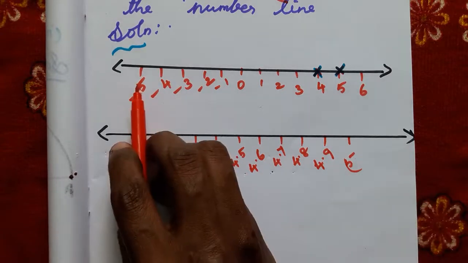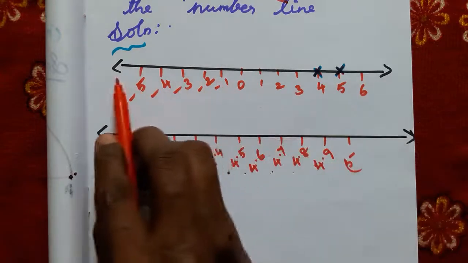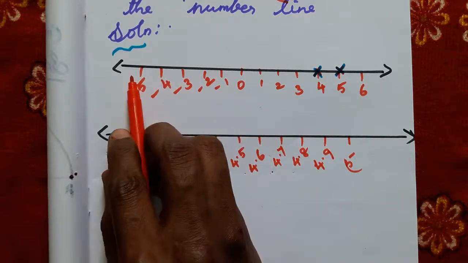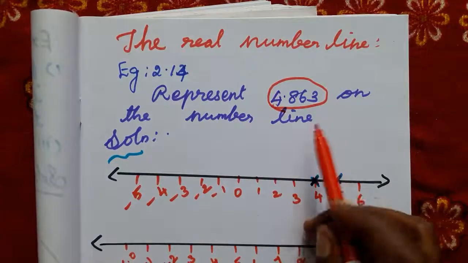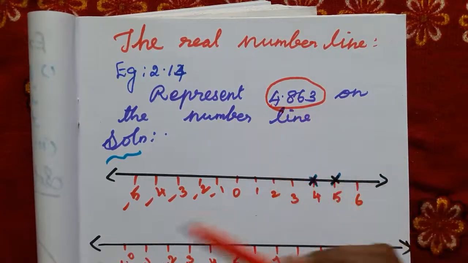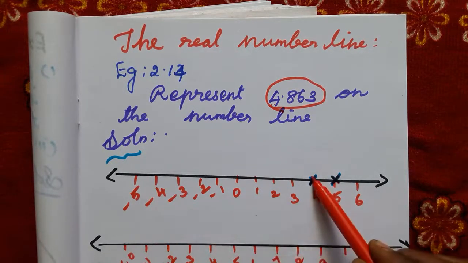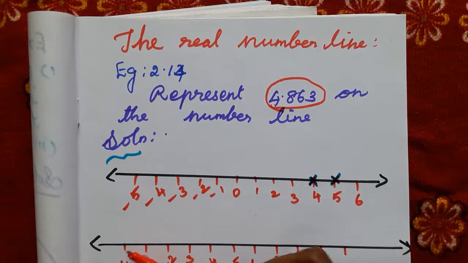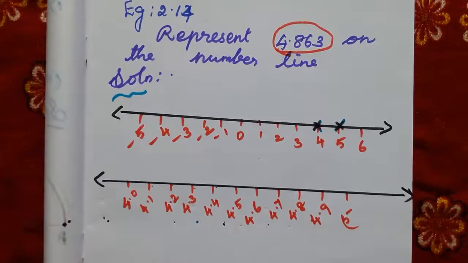First, for my number line: 0, 1, 2, 3, 4, 5, 6, and the negative numbers -1, -2, -3, -4, -5. Next, 4.863 is between 4 and 5, so we mark 4 and 5. Starting from 4: 4.1, 4.2, 4.3, 4.4, 4.5, 4.6, 4.7, 4.8, 4.9, 5.